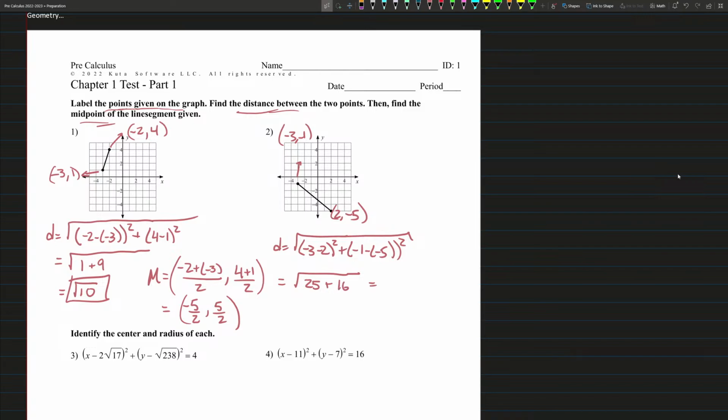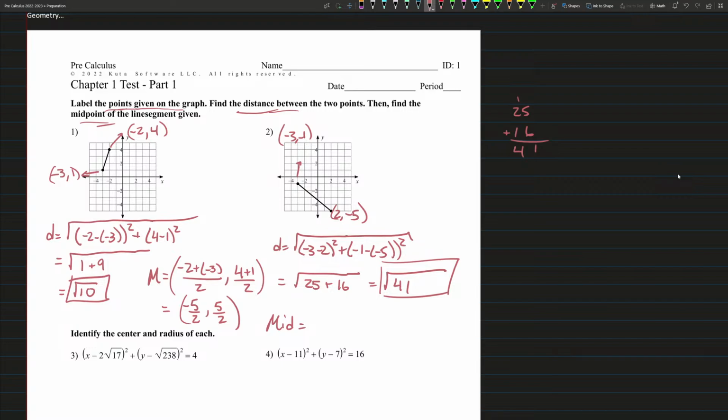So this is the square root of, God, I have to do math. Square root of 41. There it is. So this is our distance.